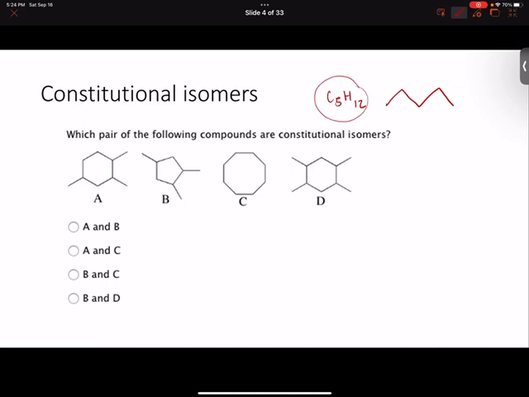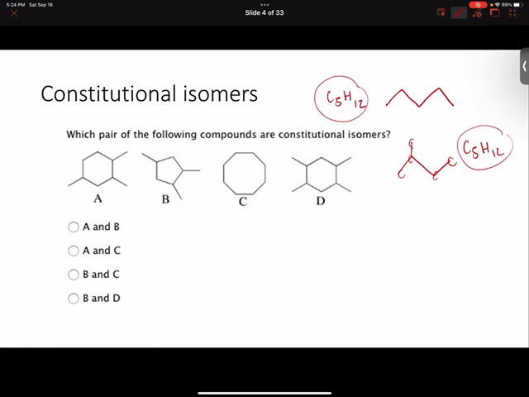But there are different ways of representing molecular formulas. So for example, this one can be 1, 2, 3, 4, and instead this one can go like this, and it still represents the same molecular formula. It's just an isomer of it.